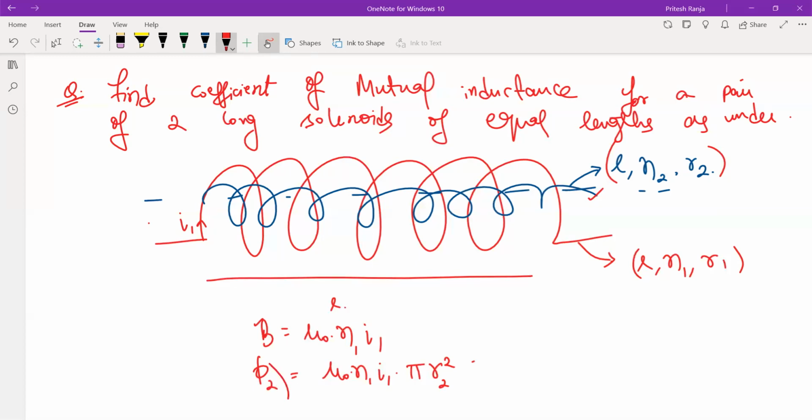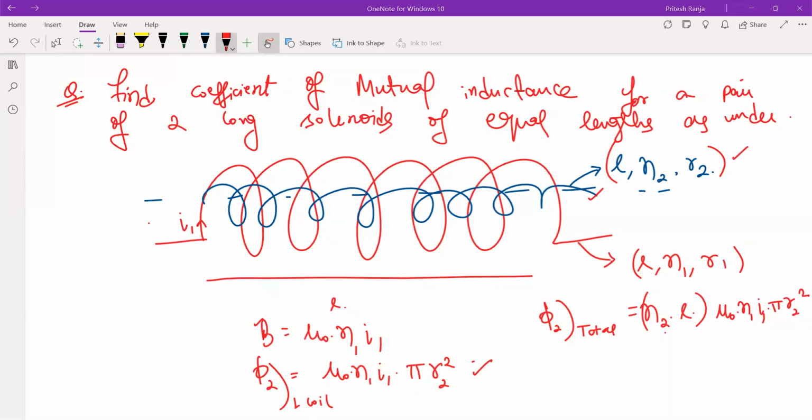Similarly, what will be the total flux? The total flux of the second solenoid will be the number of coils, that is N2 into L, times the flux due to one coil, mu naught N1 I1 pi R2 squared.